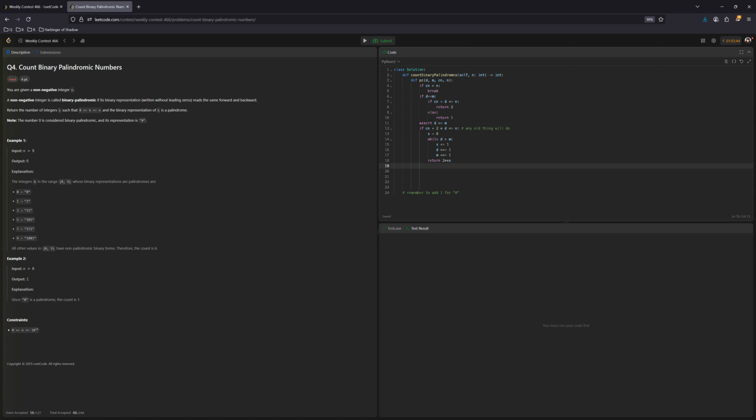So now, otherwise, we're going to have to figure out which ones are valid or invalid. And for that, we're going to use the recursion. So let's see here. Okay.